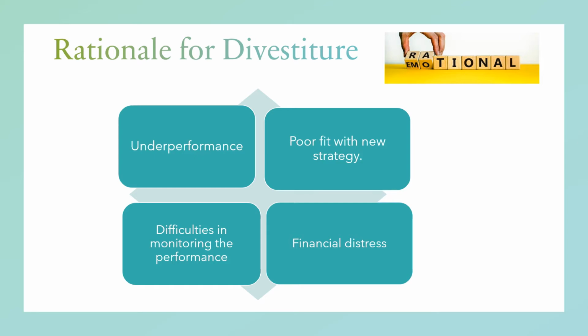This process is known as sticking to the knitting. Third, the parent is too widely diversified, causing difficulties in monitoring the performance of divisional managers. Fourth, the parent is experiencing financial distress and needs to raise cash to mitigate this and avoid eventual liquidation.